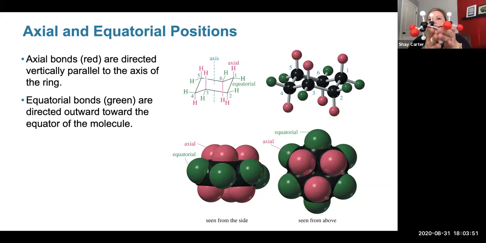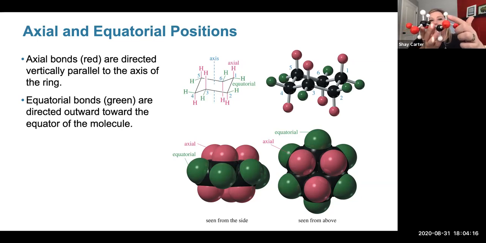Okay, so when we're in this chair conformation, every carbon has both one axial and one equatorial hydrogen or substituent on it. Okay, and these alternate which are which.